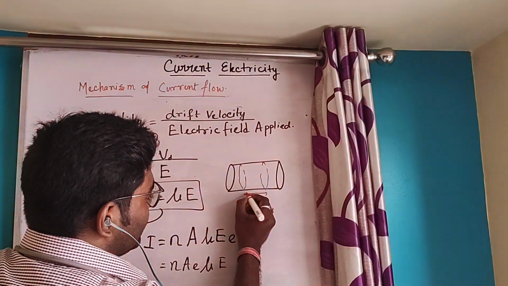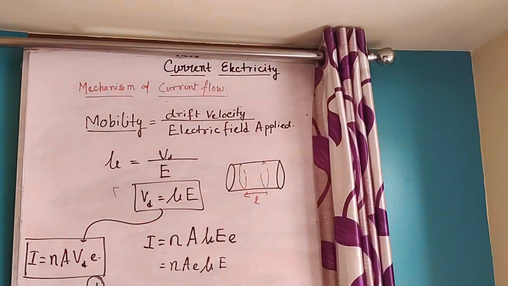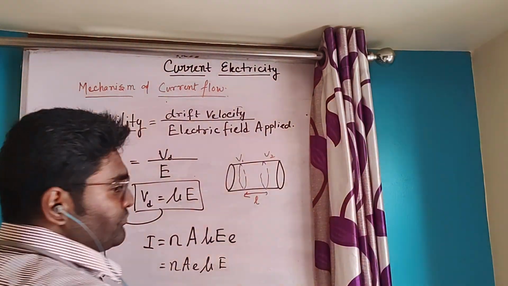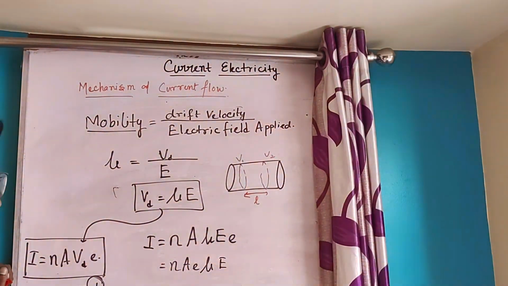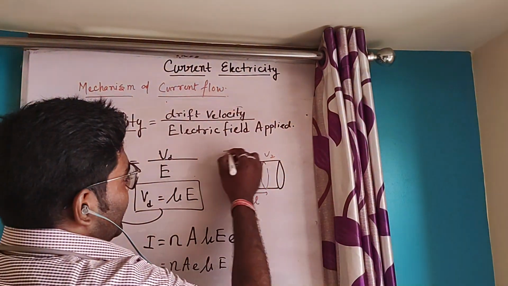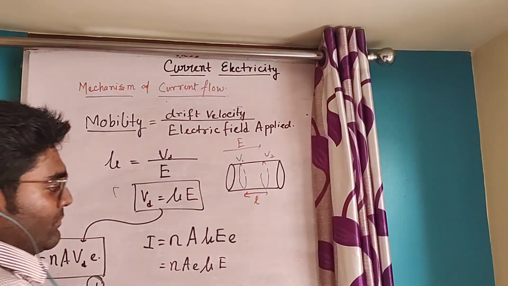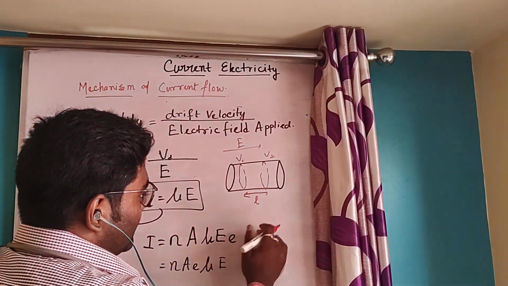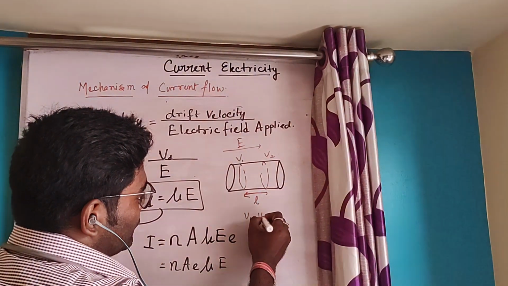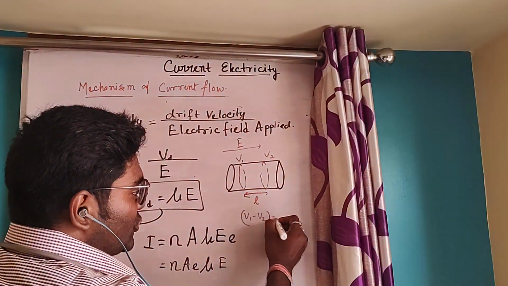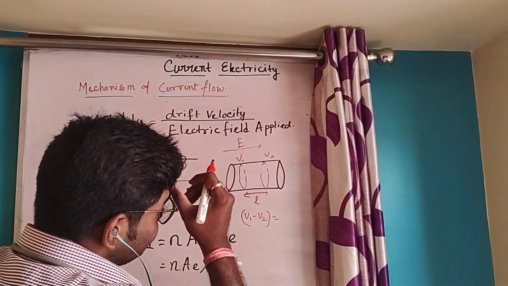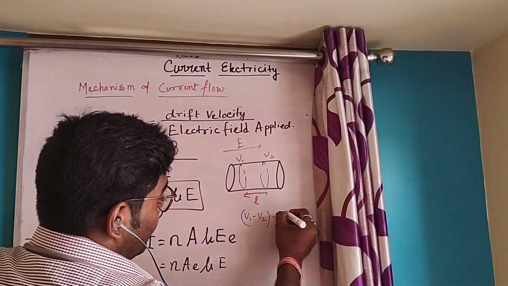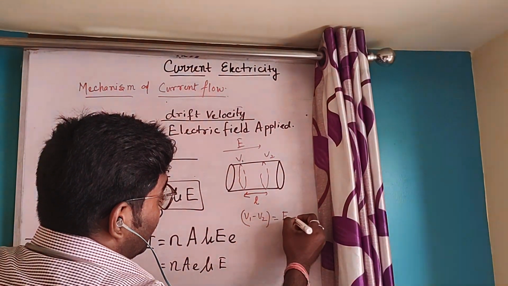This is the length L. Now if the potential difference, V1 and V2, is maintained at the two ends, and if the electric field applied is E, then this potential difference, from higher potential to lower potential, that means V1 minus V2, should be equal to E into L.